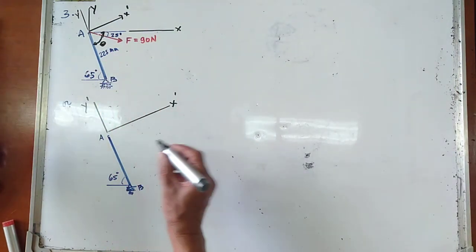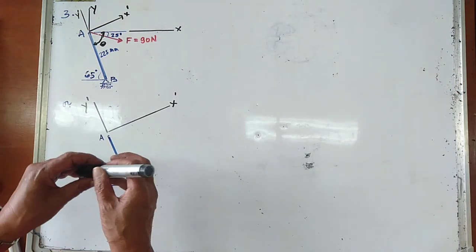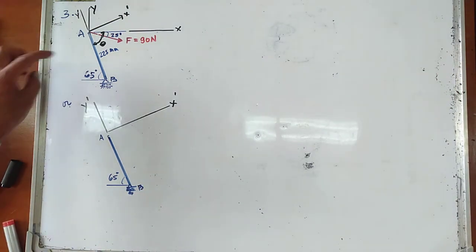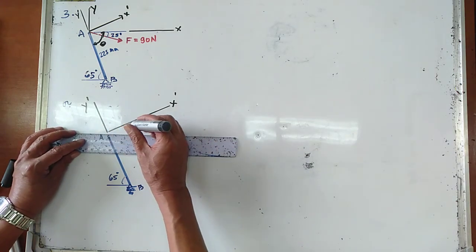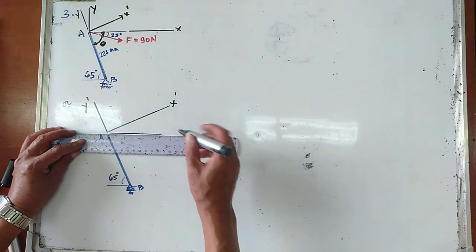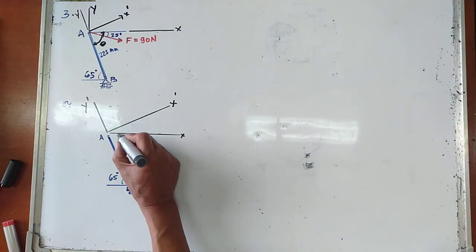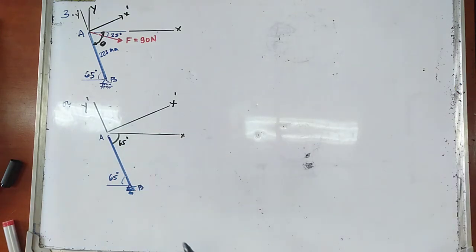Take note that your theta is equal to 65 degrees, which is now your angle theta.